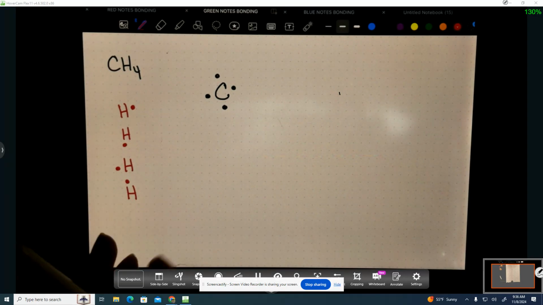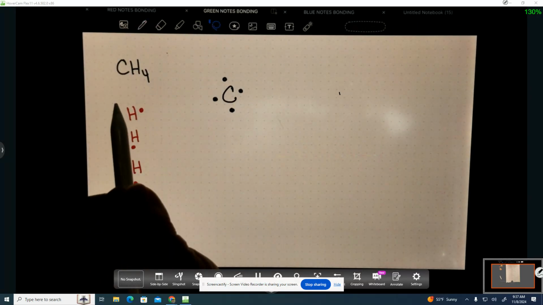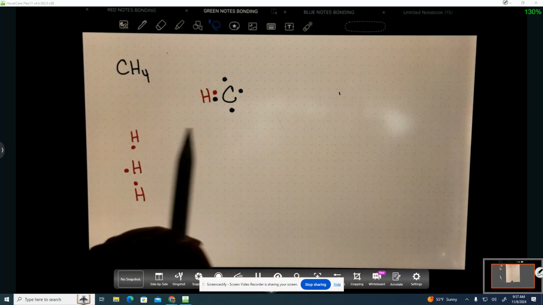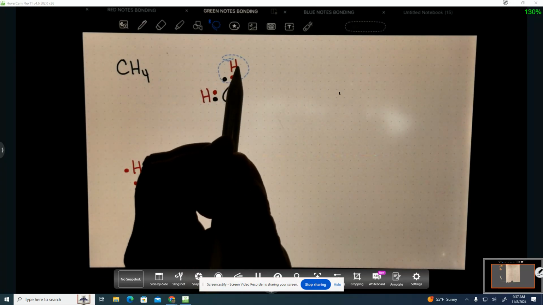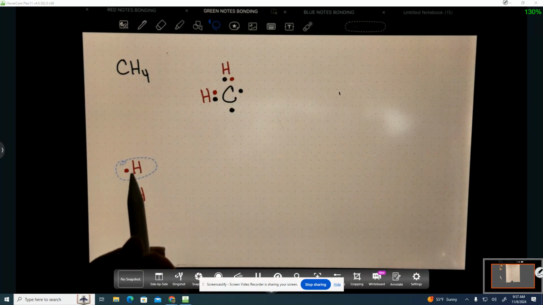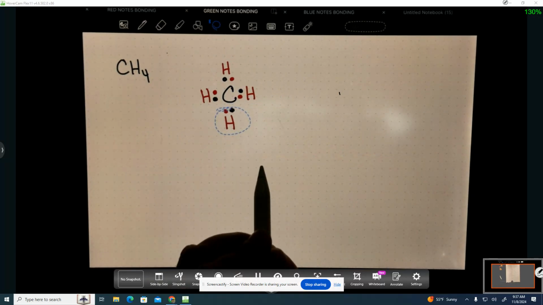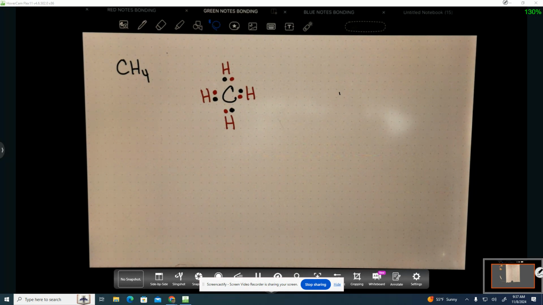Okay, so here's your 4 H's. Each H has 1 valence electron. This H is going to come in here. This H is going to come in here. Oop, I did not judge very well there. This H is going to come in here. And this H is going to come in here.